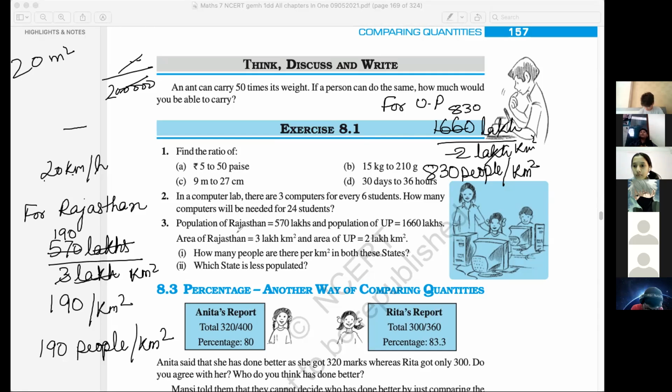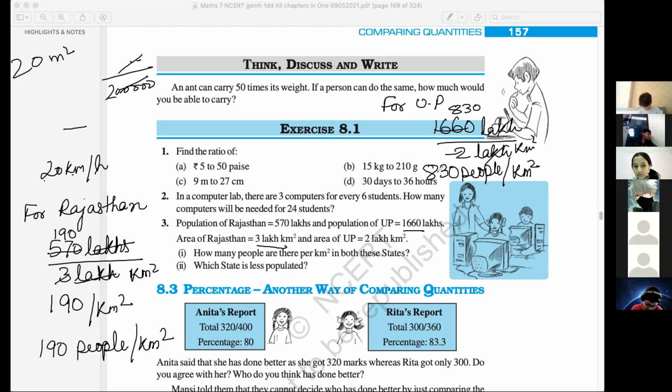And see, the area of Rajasthan is larger, and that is why the denser population is in UP. Because the area is smaller and more people are there. Ma'am, you will not divide 830 further. Why? By what will we divide? It is done now.